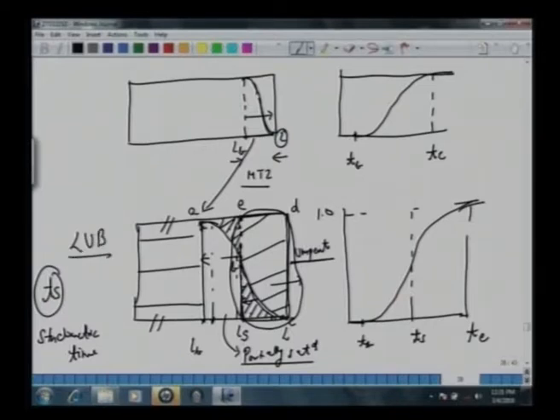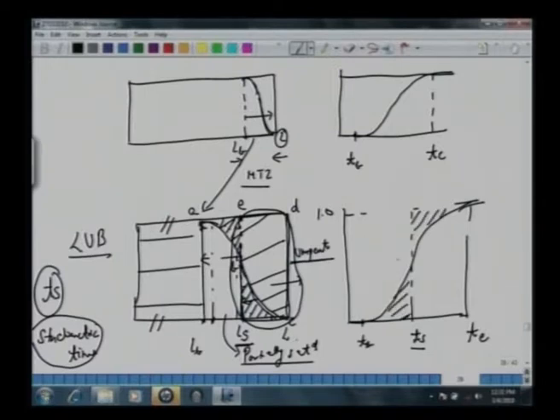So we have defined a length Ls so that this area is same as this, and we call the equivalent time on this exit profile Ts, the stoichiometric time. Now here also this area is same as this area.